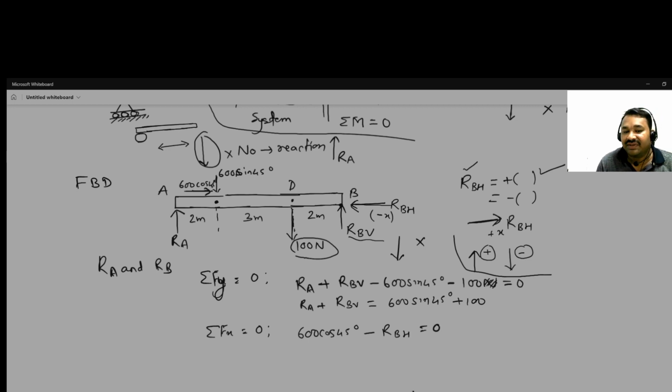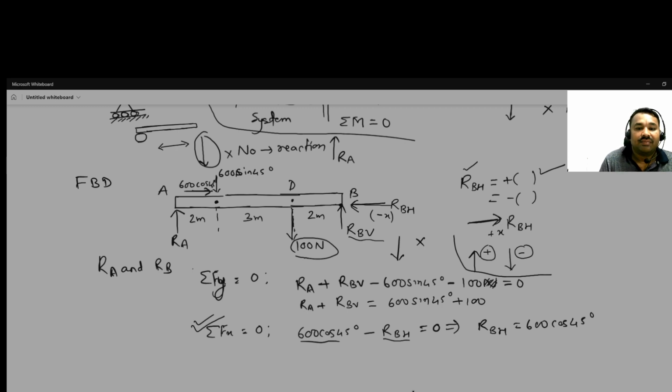So we should have started from here actually, where we can get the answer easily. So from here obviously we can get, because there are only two forces, this one and this one. So RBH is equal to 600 cos 45 degree. Okay, then after this we should do this one. Okay, so RBH we have this.